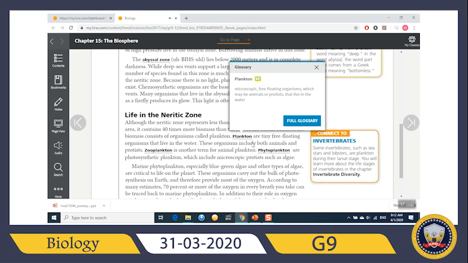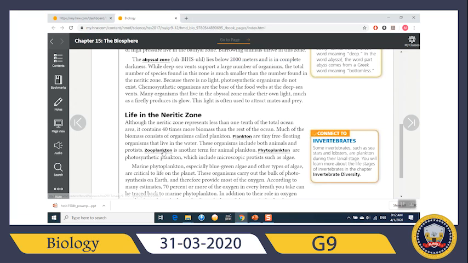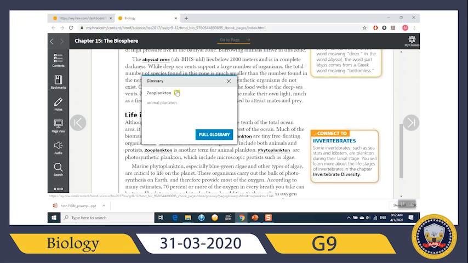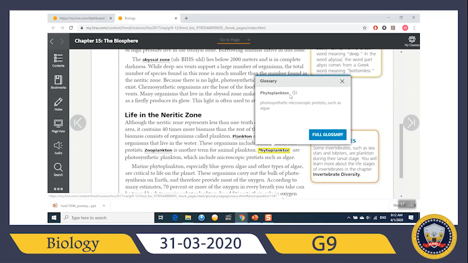Zooplankton is animal plankton. Phytoplankton are photosynthetic microscopic protists such as algae. So algae are a type of phytoplankton.